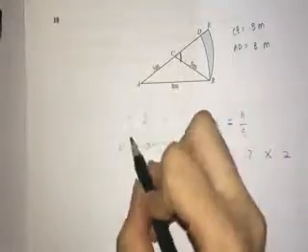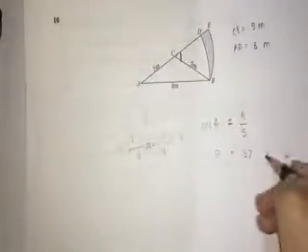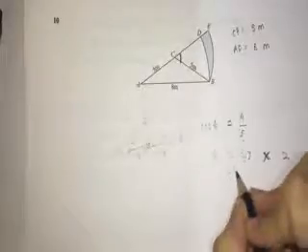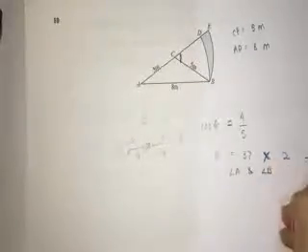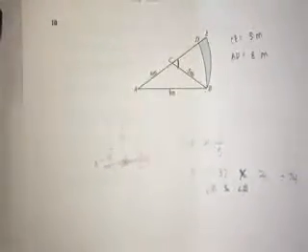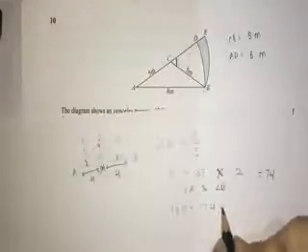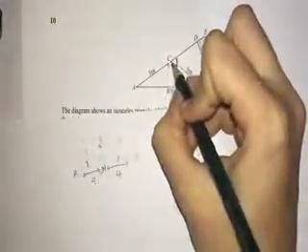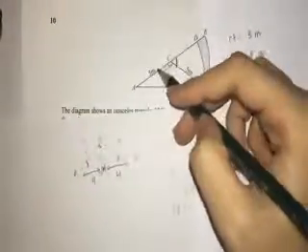It's not this angle, it's this angle. So we can find both of these. We multiply it by 2. We can find this and this. So we can find angle A and angle B, which is equal to 74. So 180 minus 74 gives us 106 degrees. So this angle here is 106, but this is still not what we're looking for.